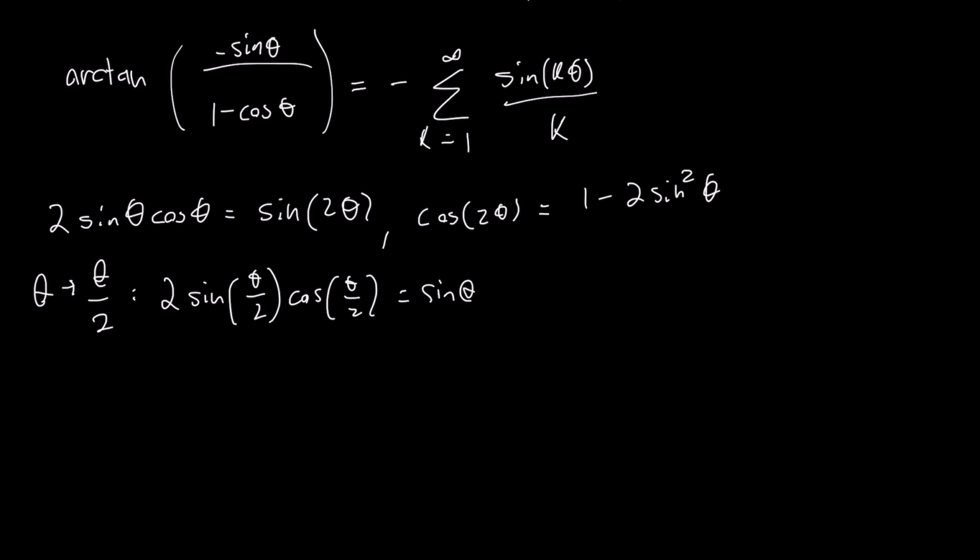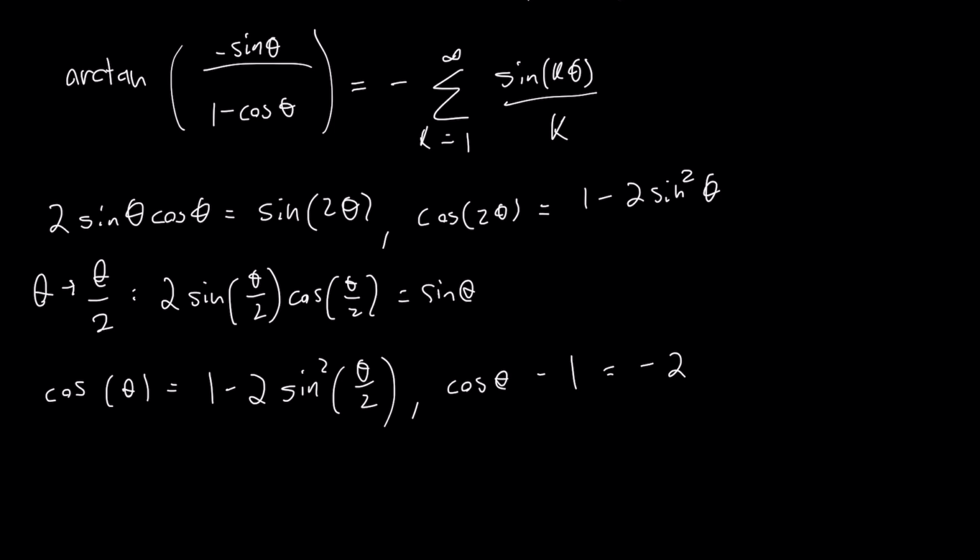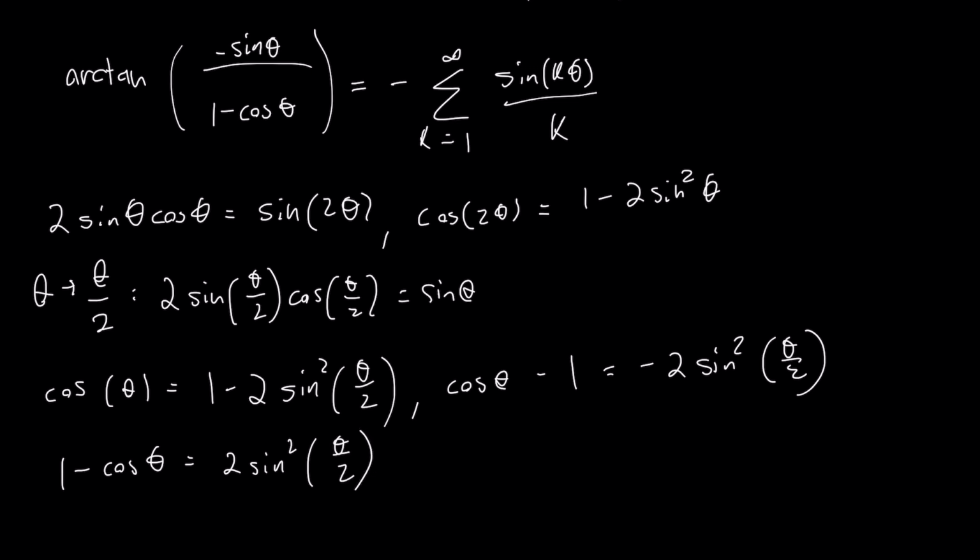And for the second one, cosine of theta is 1 minus twice sine squared theta over 2. So now we have cosine theta minus 1 is negative 2 sine squared theta over 2. And putting the negative, we have 1 minus cosine theta is twice sine squared theta over 2.